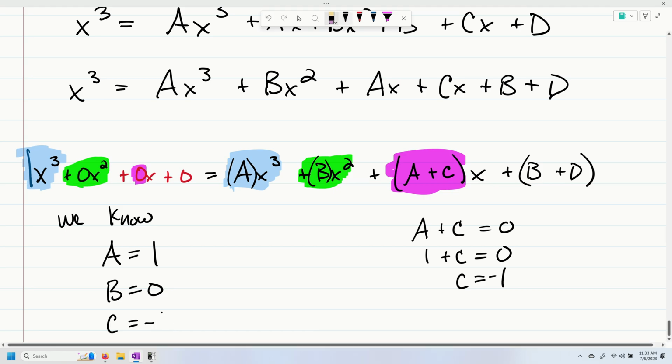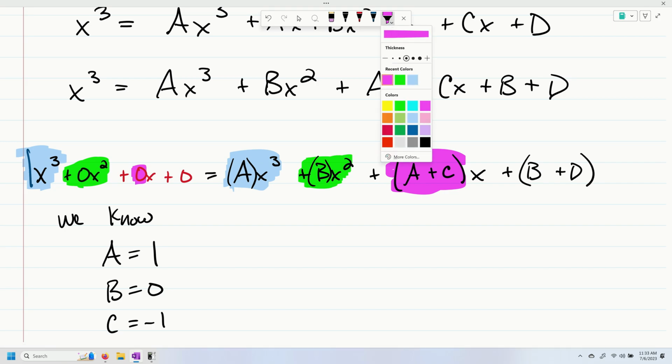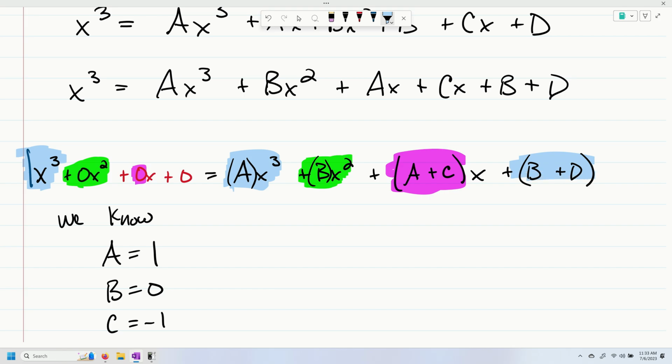All right? And finally, b plus d has to equal 0.